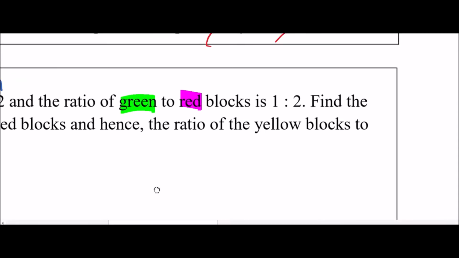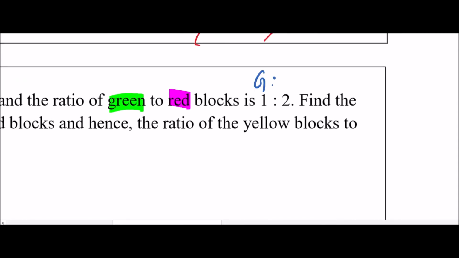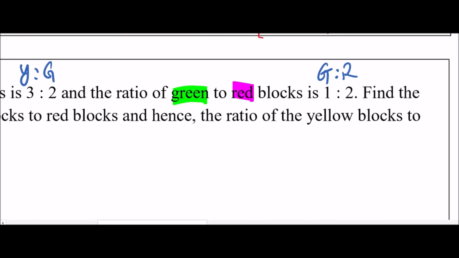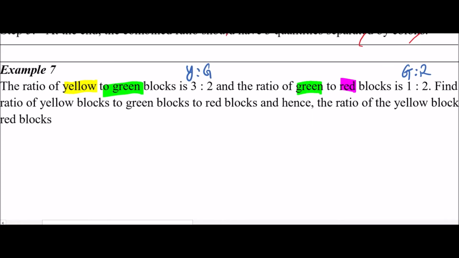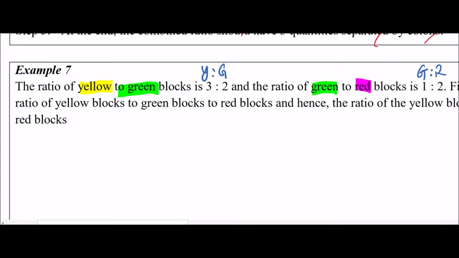Again, I'm going to write it down: green is to red is 1 is to 2. Find the ratio of yellow to green to red. This is what we're tasked to find. We are combining all the three colors into a single ratio.